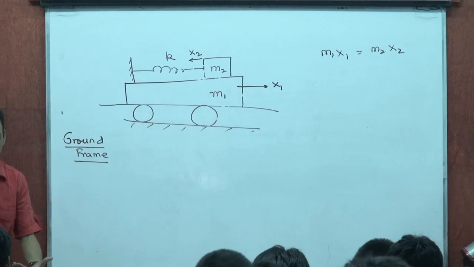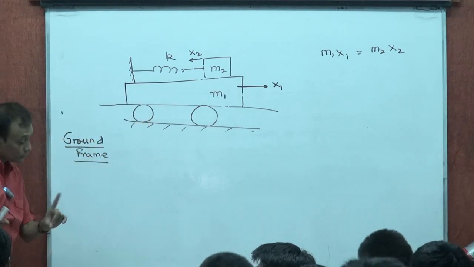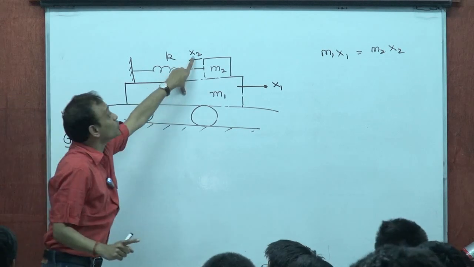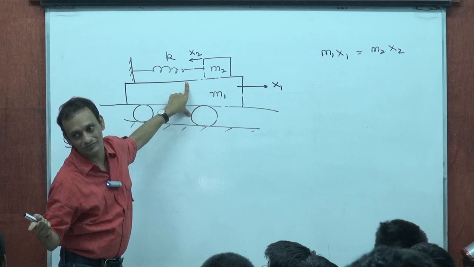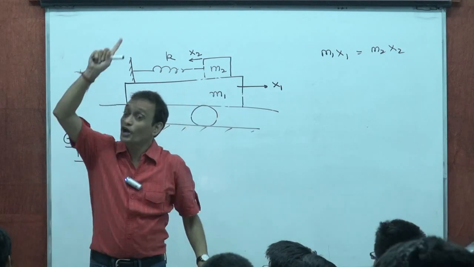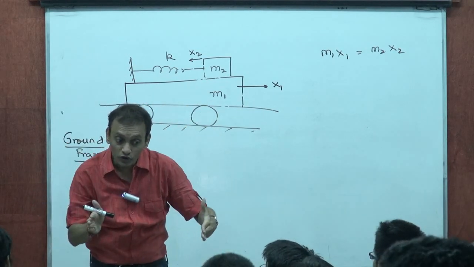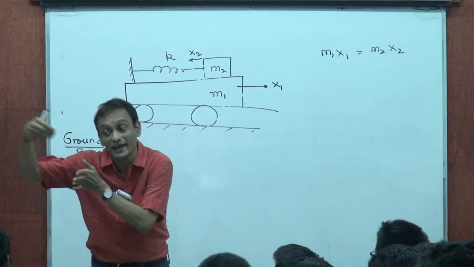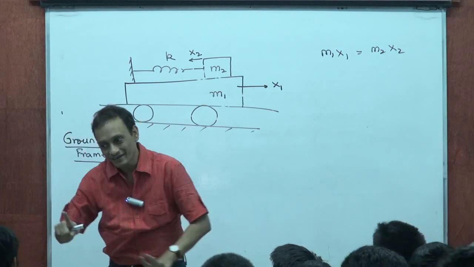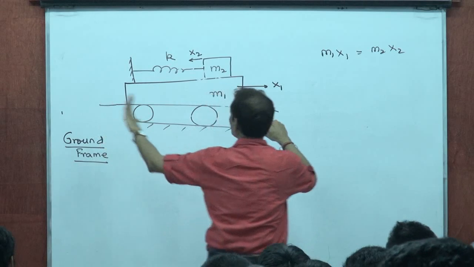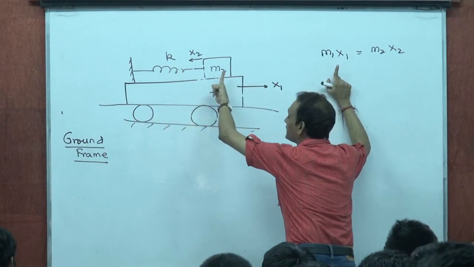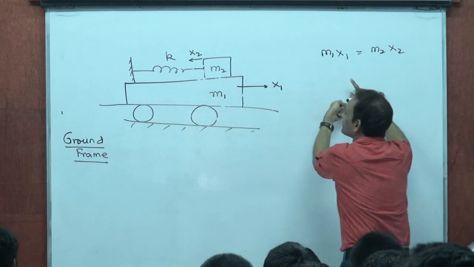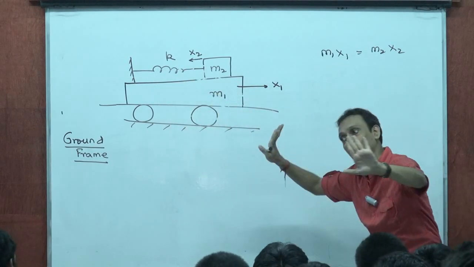Yes or no? No. If this was with respect to the cart, then it would have been M1 plus M2. See the earlier raft problem, the distance moved on the raft was with respect to the raft, not as seen on the ground frame. Right? So this is as seen by the ground observer. M2 moves x2 units to the left, M1 moves x1 units to the right in the ground frame.